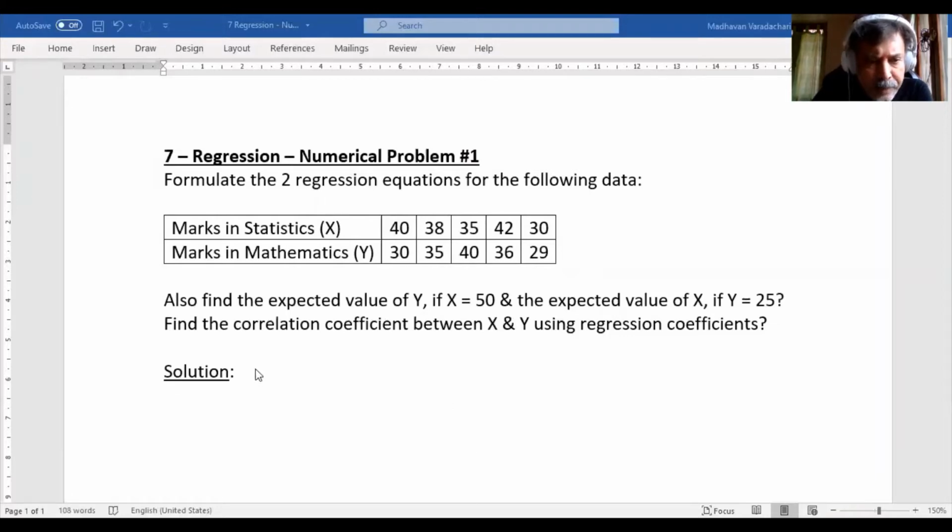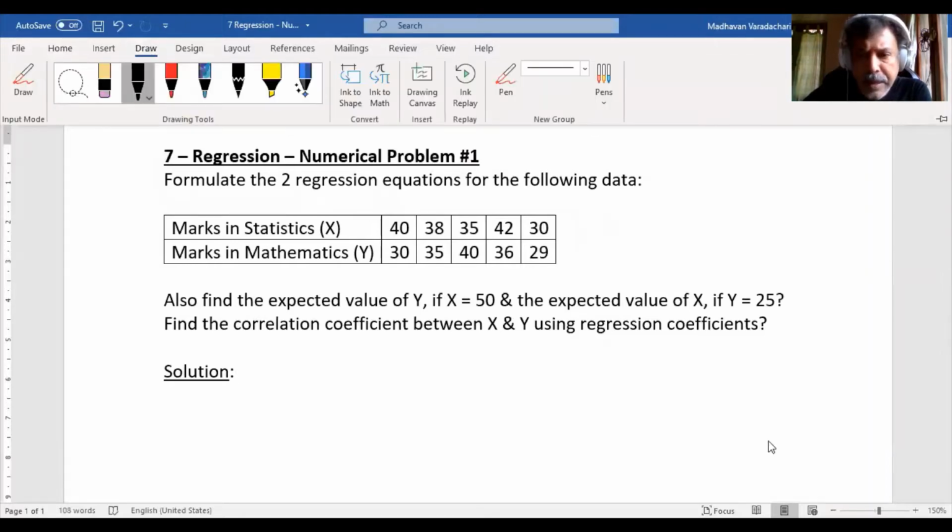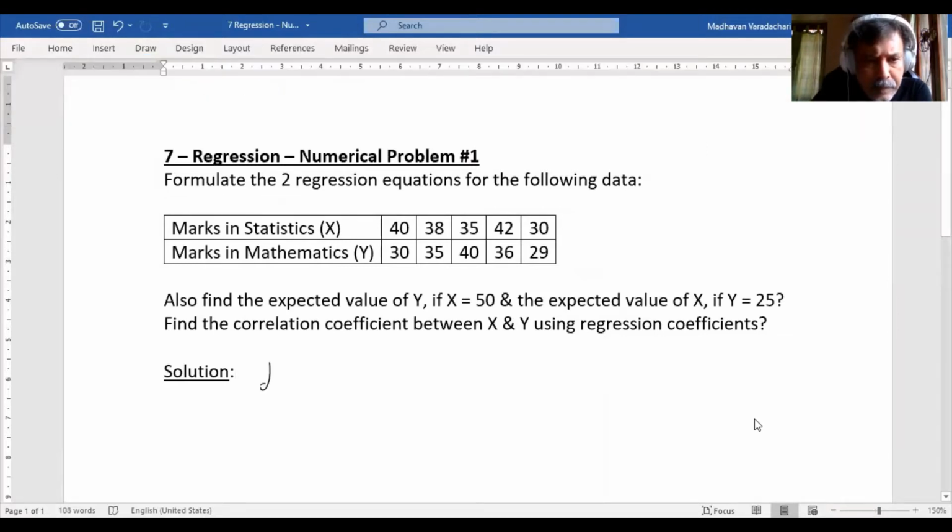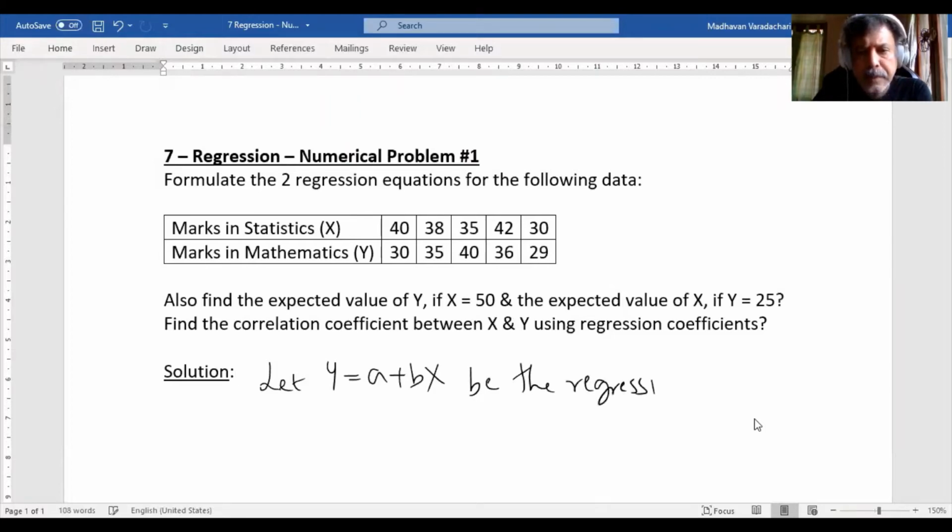So, let y equal to a plus bx be the regression equation y on x.